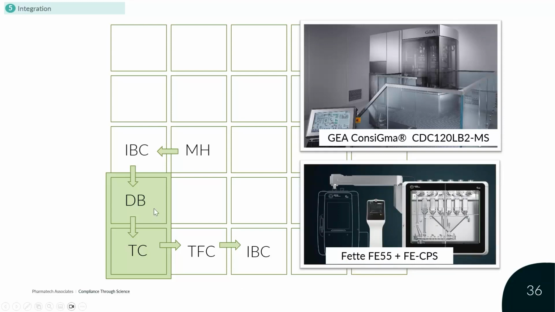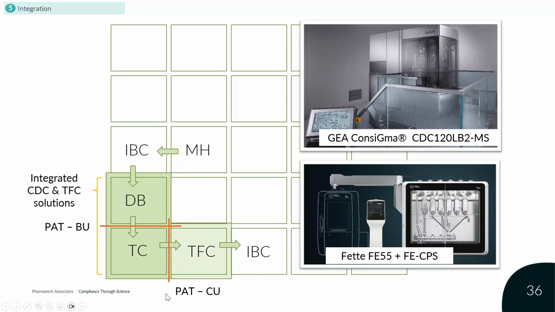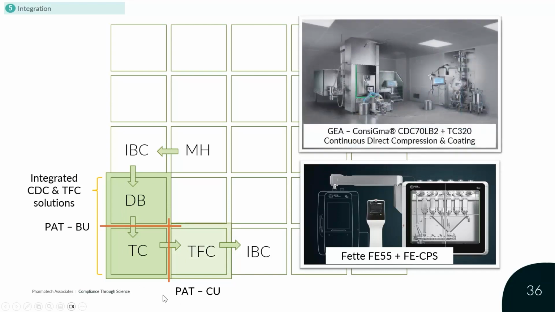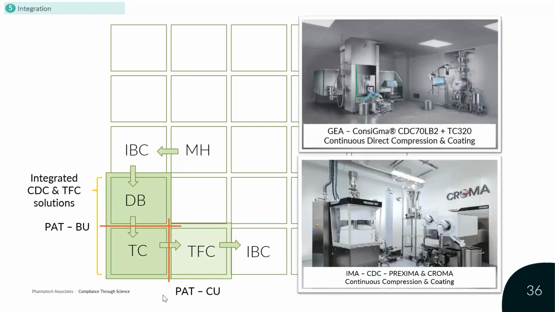So these are combinations where I think the vendors are in the function of an integrator already and providing less headaches handling these interfaces, even including PAT solutions like blend uniformity or content uniformity measurements. And to an extent you can also get your tablet coating devices linked to these machines. Also here, solutions available like from GEA or from IMA, to just mention a few.